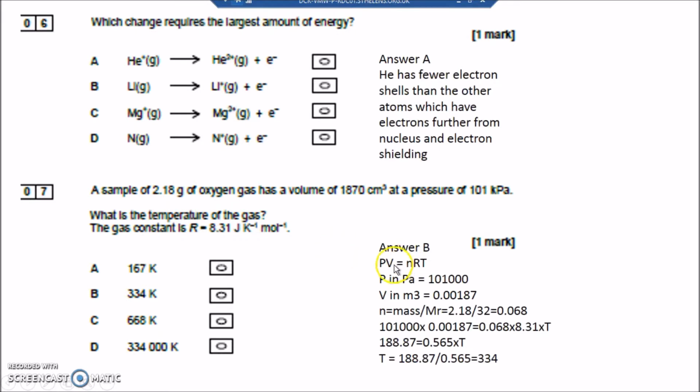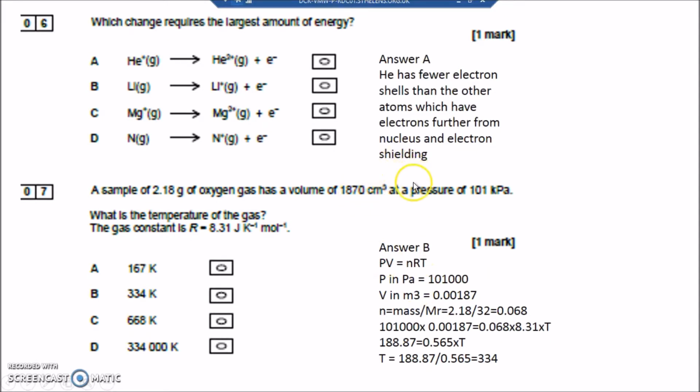So let's work it out. PV equals nRT. P in pascals. I said kilopascals is a larger unit than pascals, so I need to divide by 1,000 to get it down into, sorry, multiply by 1,000 to get it down into pascals, so it's 101,000.